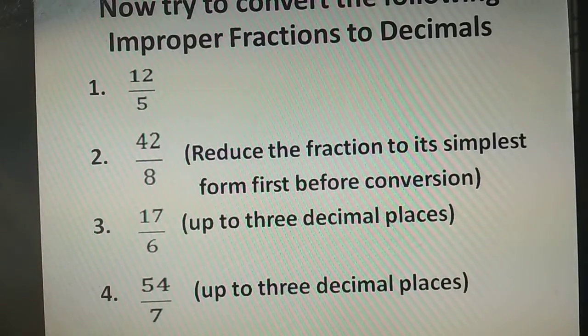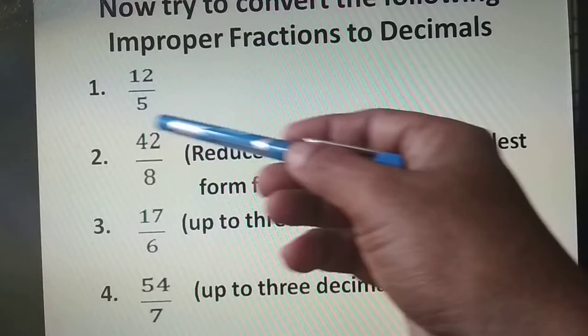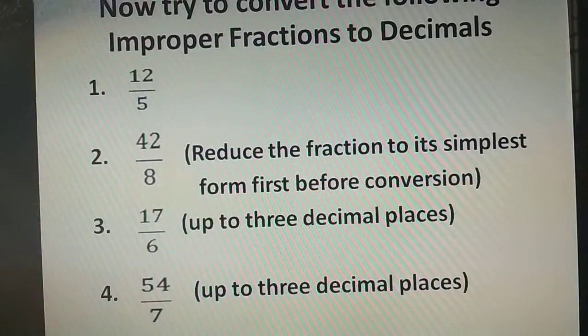The last two go beyond 3 decimal places, so you can stop up to 3 decimal places. I wish to mention about the second fraction, 42 by 8. We have to reduce this fraction to its simplest form before the conversion. Make a note of it.